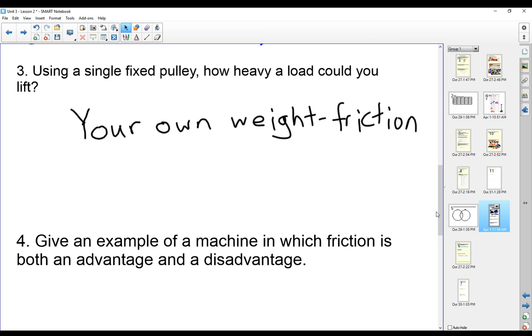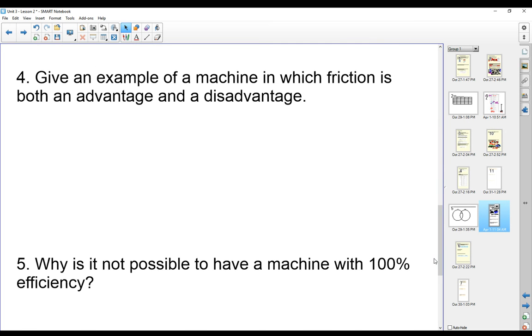That is number 3. Question 4, give an example of a machine in which friction is both an advantage and a disadvantage. One answer might be the use of a car jack. The advantage of friction is that it allows a car to be raised to a desired height without slipping. The disadvantage of friction is it reduces efficiency.